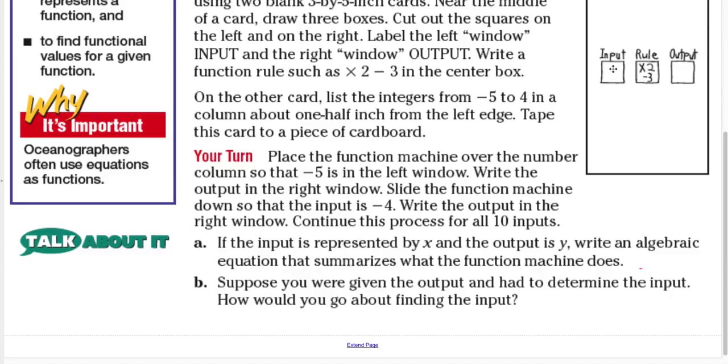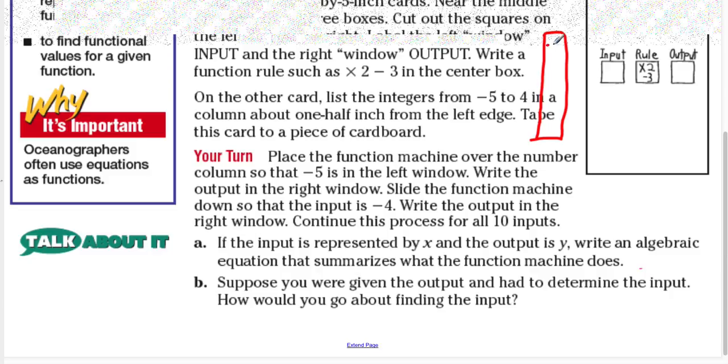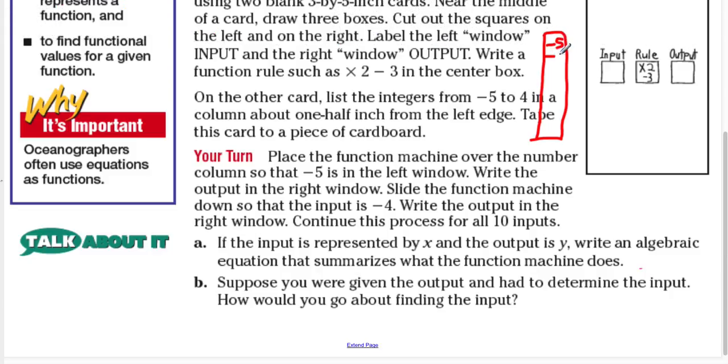So basically what it's saying is this: you have a hole there, you have a hole there, and you have a piece of cardboard at the back of the card that should contain -5, -4, -3, -2, -1, 0, 1, 2, 3, and 4.